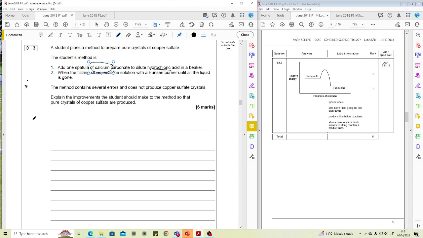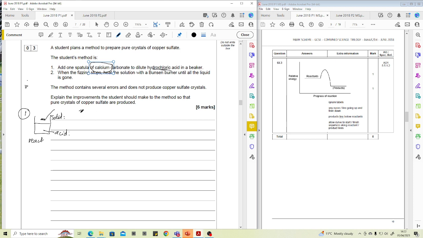So let's just remind ourselves of what we're supposed to do, the four steps that we need. So first of all, we're going to react. So we're going to add the solid to the acid. But we need to work out what the names of the solid and the acid are in a moment.